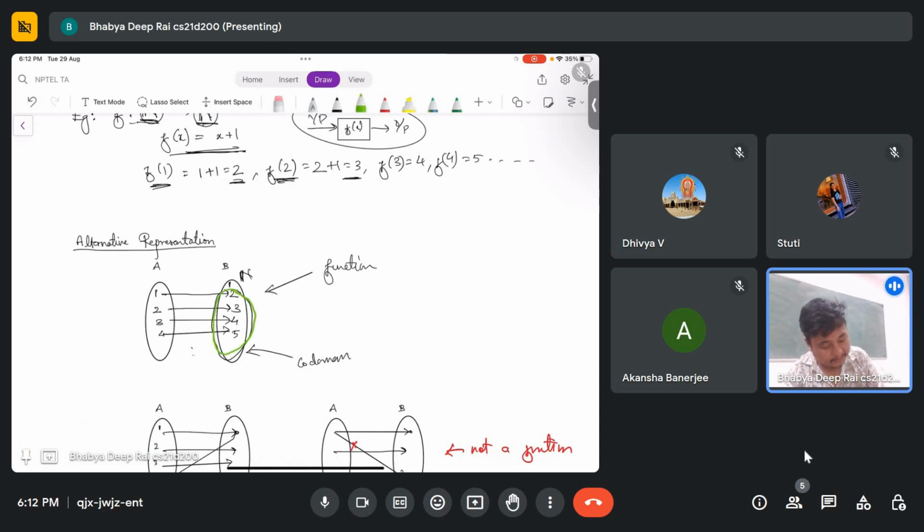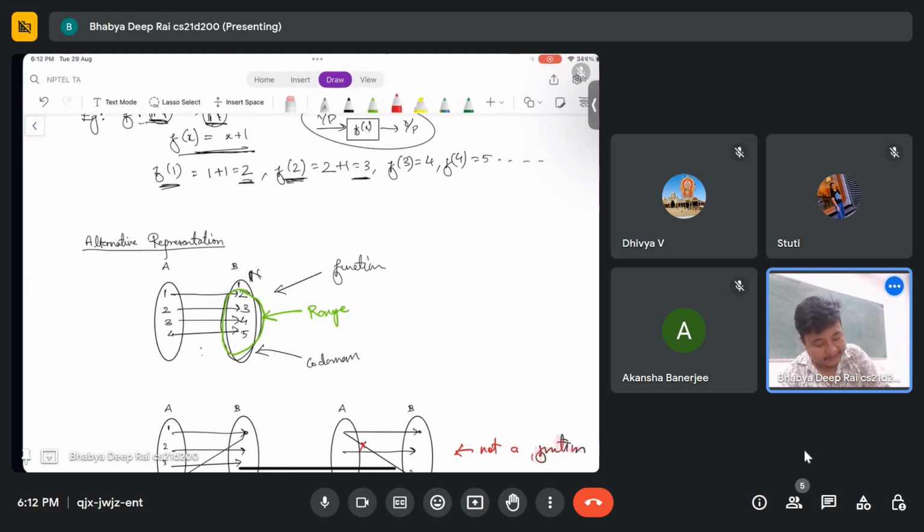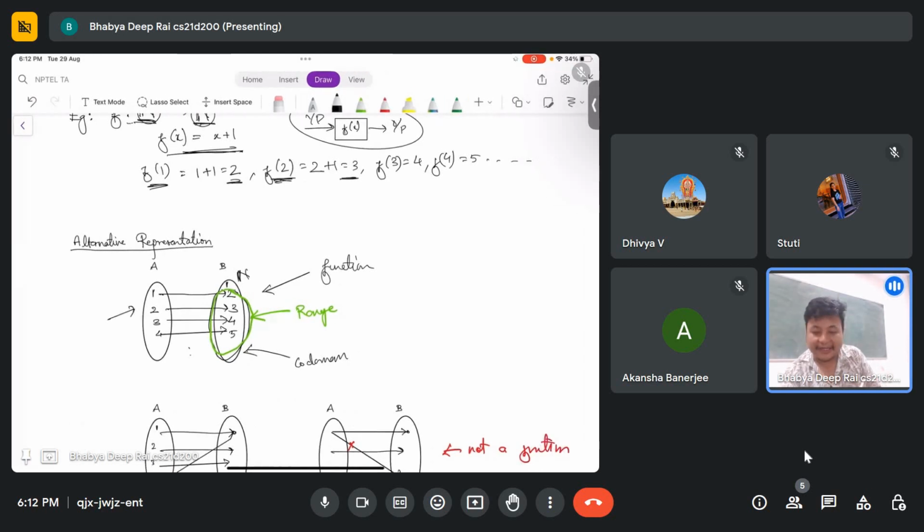But the smaller set that we can map to, whatever we can map to, is called the range of the function. And the bigger set, which we may or may not completely cover, is called the codomain. And wherever we take the elements from, which is nothing but natural numbers, is what is called the domain of the function.